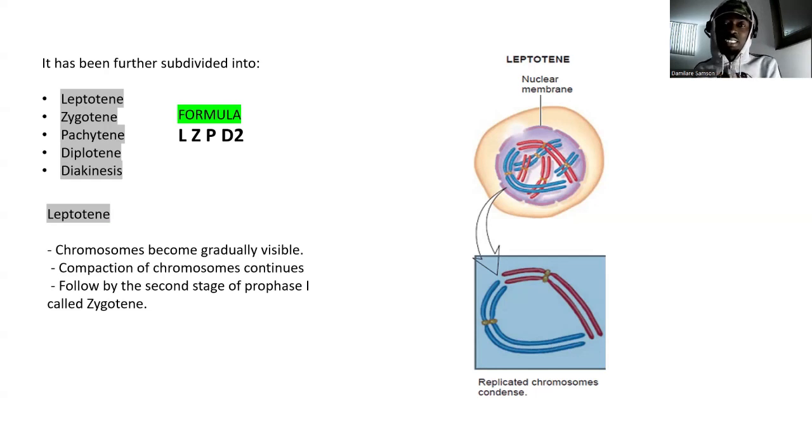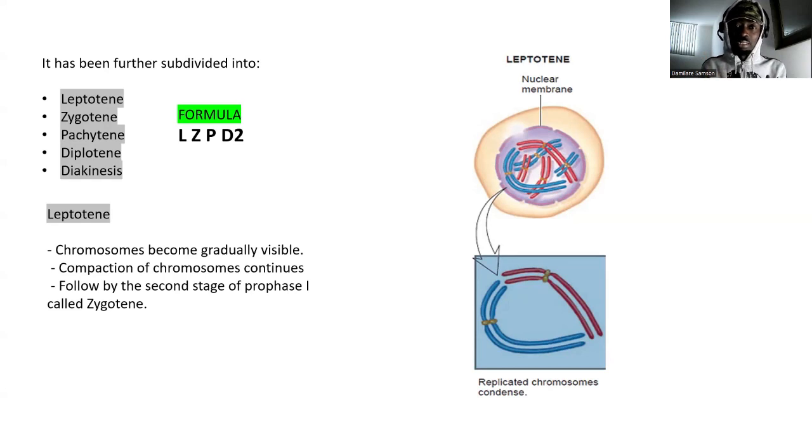But leptotene is the first phase of prophase 1 under meiosis 1. So at this very stage, you will now see the chromosomes, which are the chromatin material in interphase that you cannot see in interphase. You will see them becoming gradually visible under leptotene. And next, there will be compaction of chromosomes in the same leptotene. Chromosomes will begin to come together. How do chromosomes form?